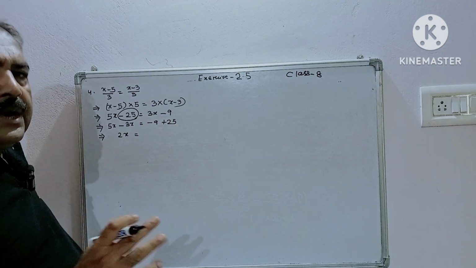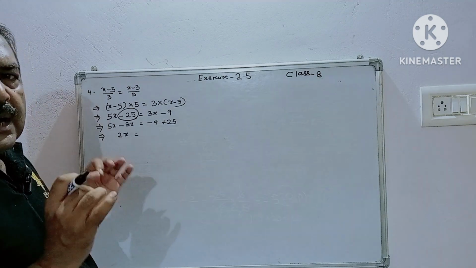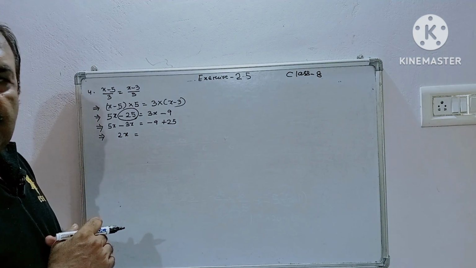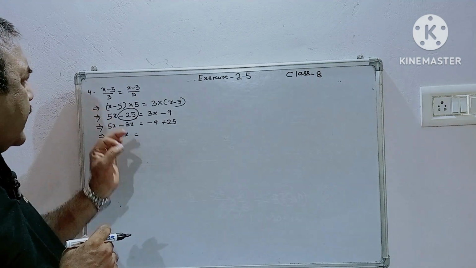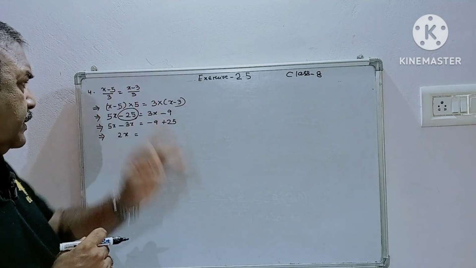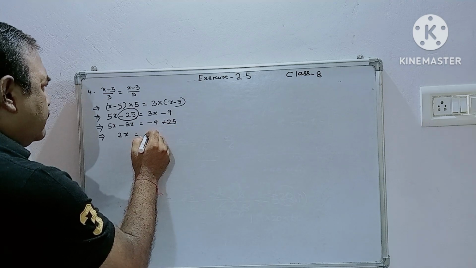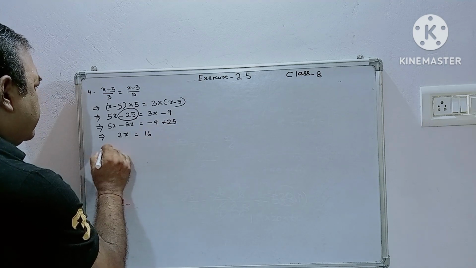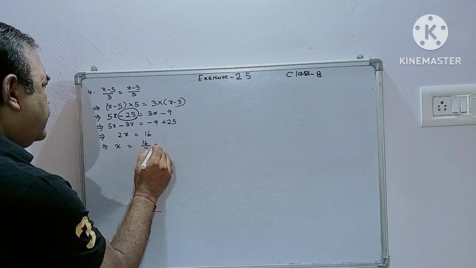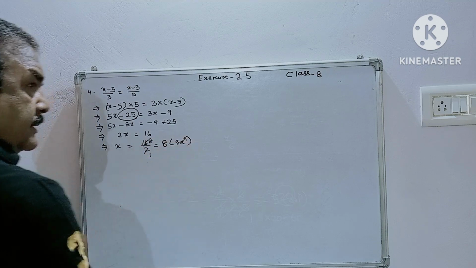Already you know, for integers of opposite signs when they are added, we take the difference of the numerical values and we give the sign of the greater numerical value to the sum. So this is 16. That implies x is equal to 16 upon 2, that is equal to 8. So this is the solution. You will do like this.